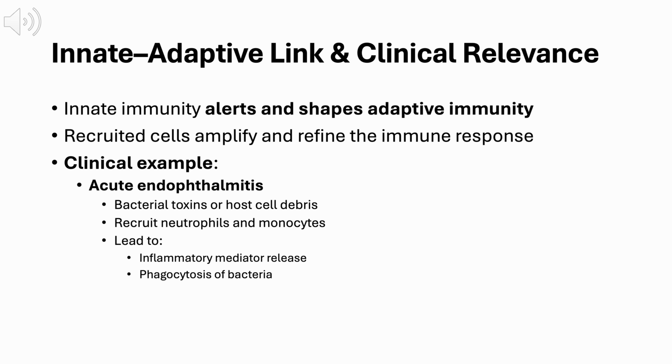The innate immune response does more than provide immediate defense. It also alerts and shapes the adaptive immune system through cytokine release, antigen presentation, and recruitment of additional immune cells. Those recruited cells then amplify and refine the response. Acute endophthalmitis provides a clinically important example.